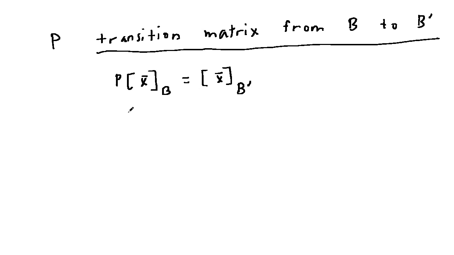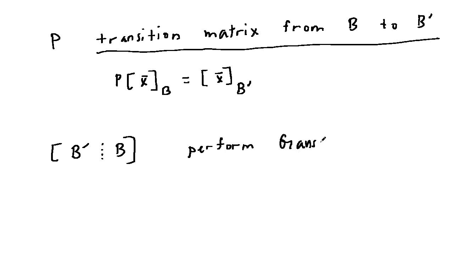There is a procedure for finding the transition matrix P. Form the augmented matrix [B prime | B] and perform Gauss-Jordan elimination to get a matrix like this.